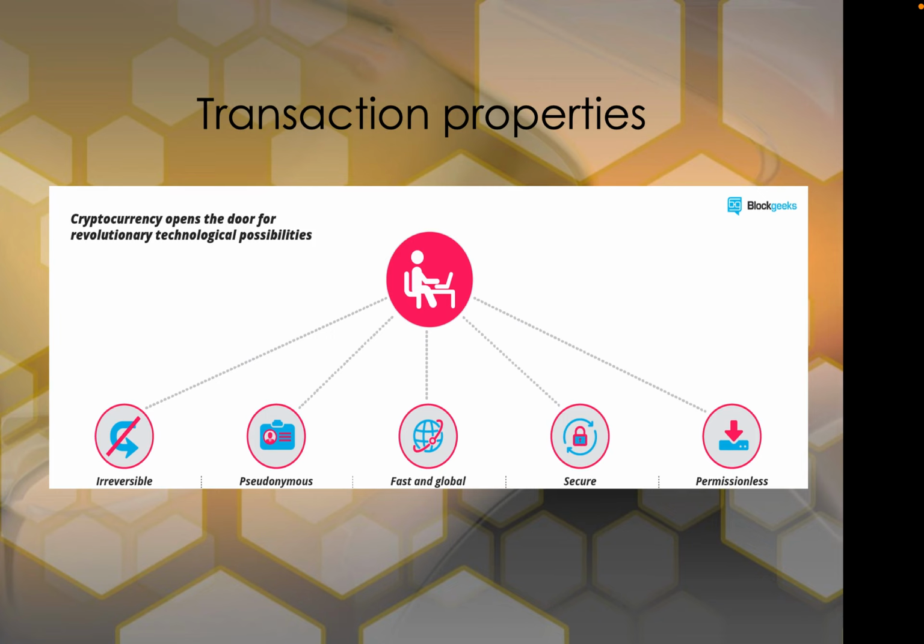If you want to forge a chain, you have to replace the real data by your fake data on all computers of the network, which is nearly impossible because there are millions of computers in the network, right? So that is why it's irreversible.